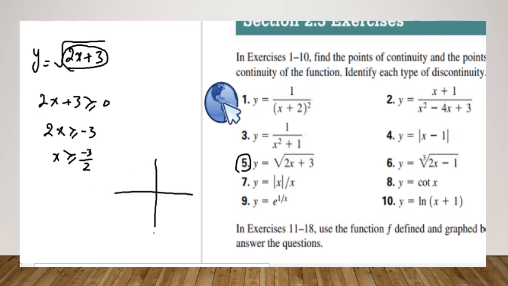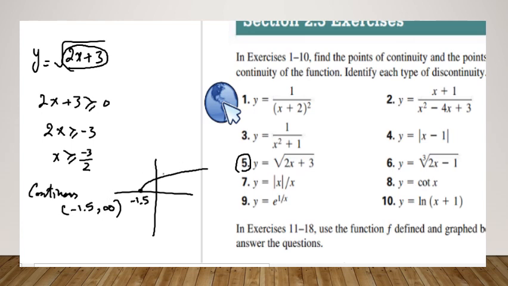If you are using a graphing calculator, we will figure out that the graph starts from the point negative 1.5, which is negative 3 over 2. So the graph is continuous on the interval from negative 3 over 2 to infinity.